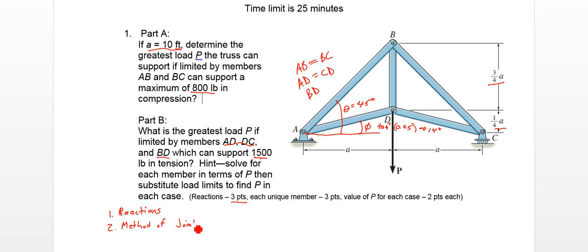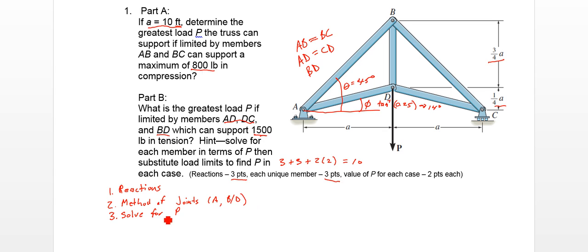We'll probably start with A, and then we can move on to B or D on our choice here. We get each of those members, so another 3 points, and then step 3, solve for P. We get 2 points for each of those, so 3 plus 3 plus 2 times 2 equals 10 points total.